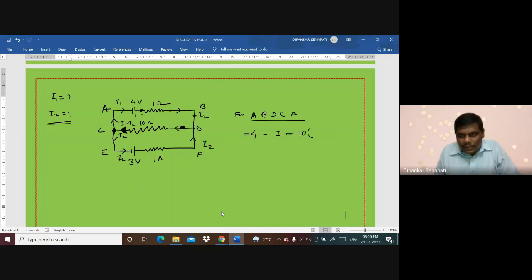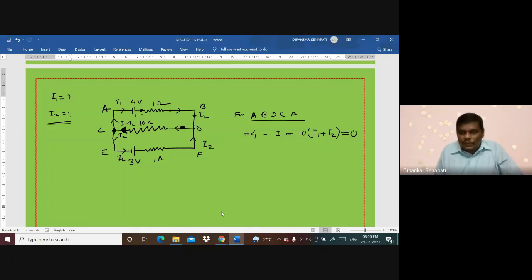What is the current in this arm? I should use the term branch. In this branch the current is equal to I1 plus I2, and the sum has to be equal to 0.